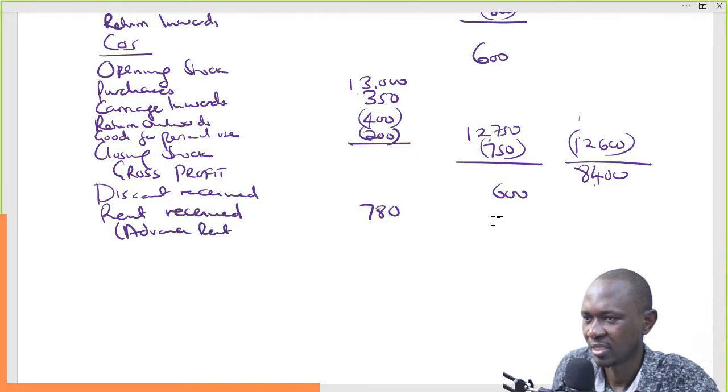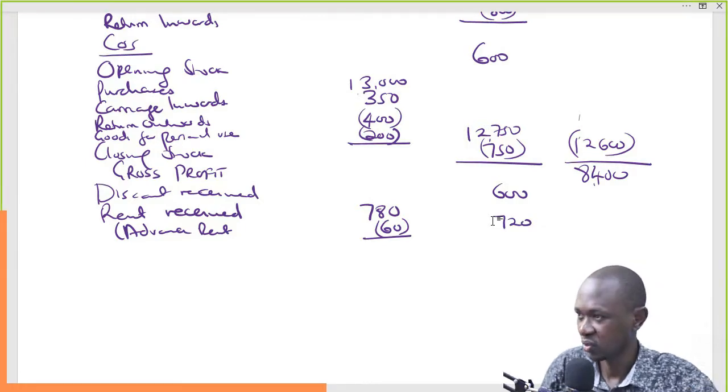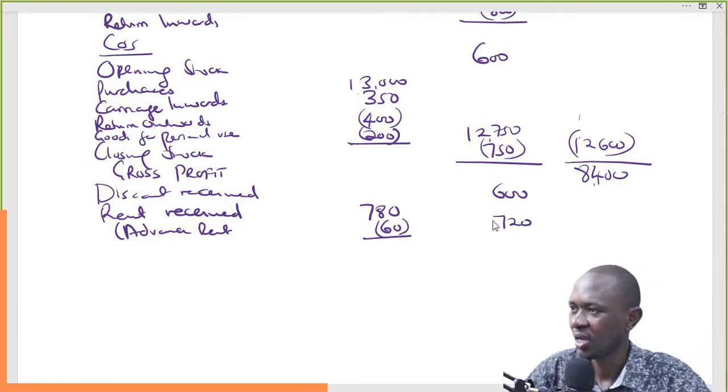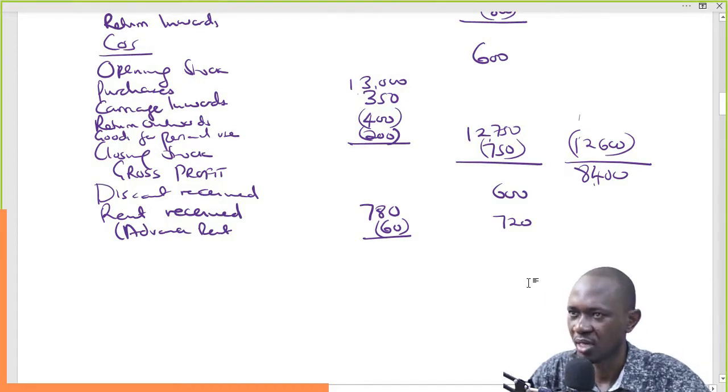Advance rent is how much? 60. So we less that to get 720, like that. 720. So then if we don't have any other income, the total will bring to the outermost column.